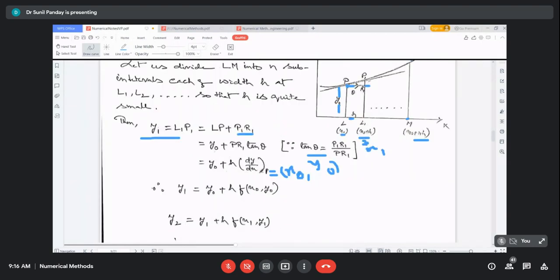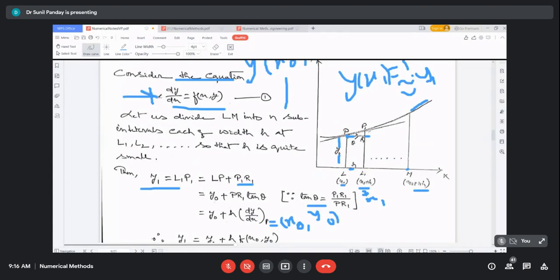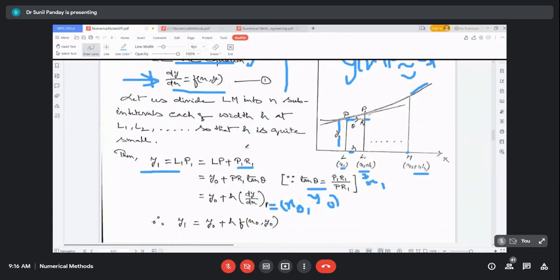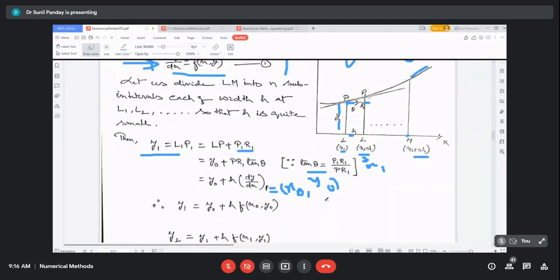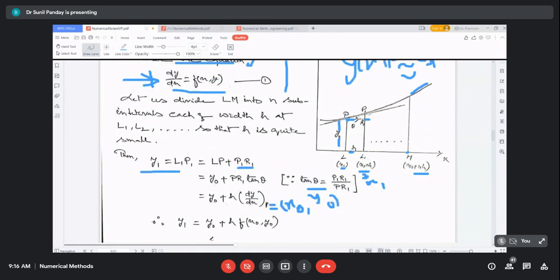As per our given initial value problem, dy by dx equals f of x, y, so it is f of x, y at the point P. We substitute the values x naught, y naught. This is our method, and now we have the approximated value y1 for y of x1.